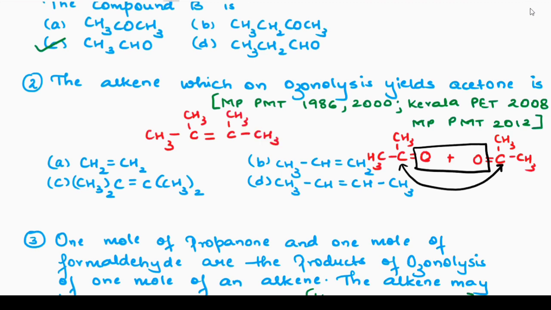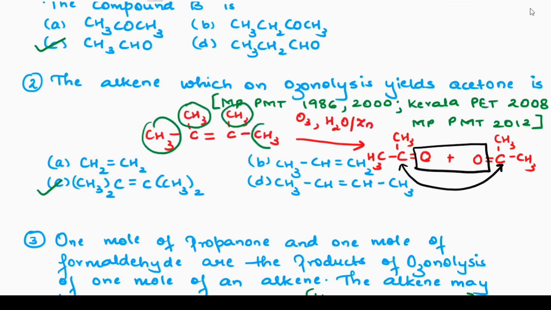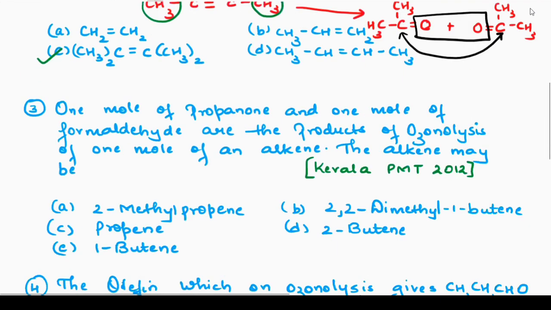This is the reactant which on ozonolysis with O3 and then further reaction with water and zinc gives me 2 moles of acetone. So the correct answer is C. As you can see, we have 2 CH3 on this carbon and then 2 CH3 on the second carbon bonded with a double bond. Clear?